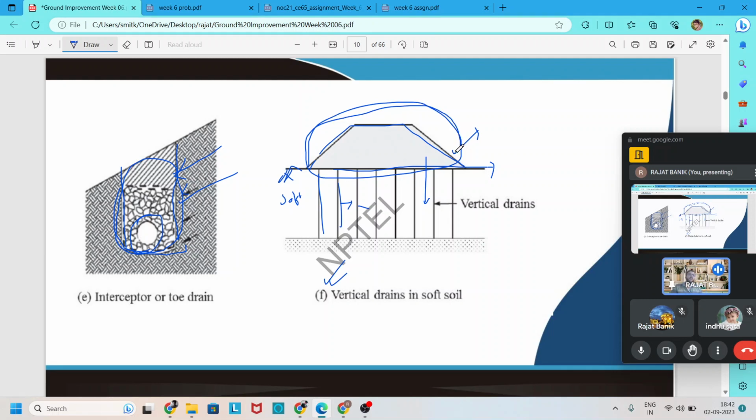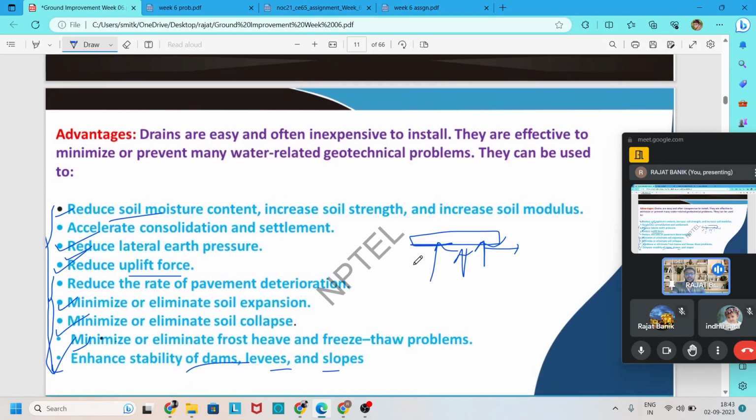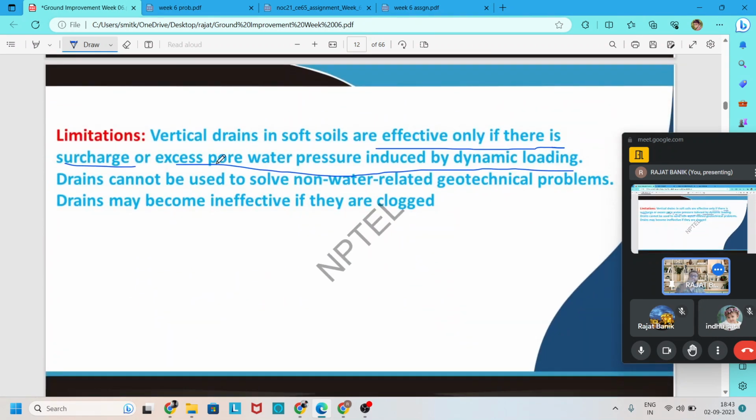This excess pore water always tries to escape from the soil to stabilize, and the vertical drain helps with that. But if we do not apply any preloads, no excess pore water pressure is developed, so there is no use of the vertical drain. So for using vertical drains, there should always be some surcharge or excess pore water from dynamic loading.